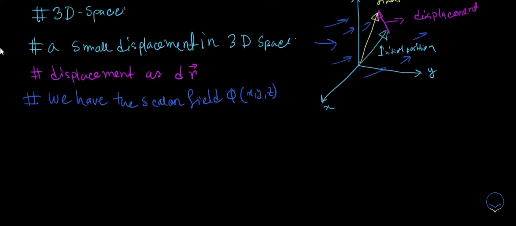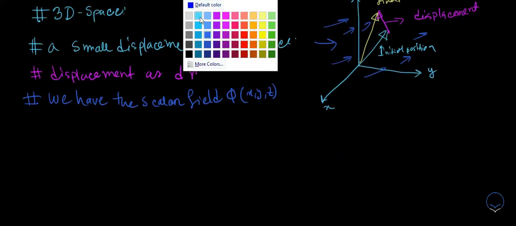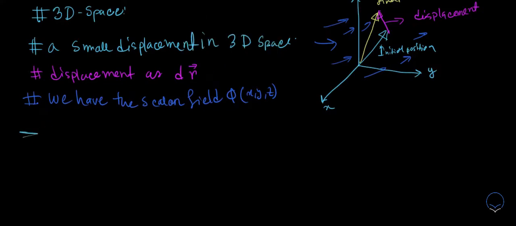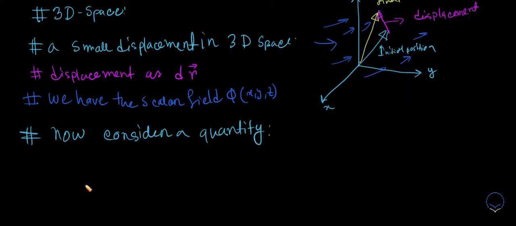Now let's consider a quantity, and this quantity will be the dot product of the gradient of the scalar field with the displacement vector. This is a vector as well, so you can give an arrow over it.